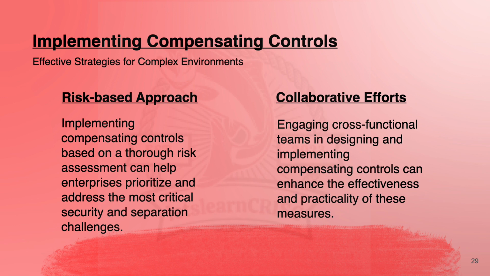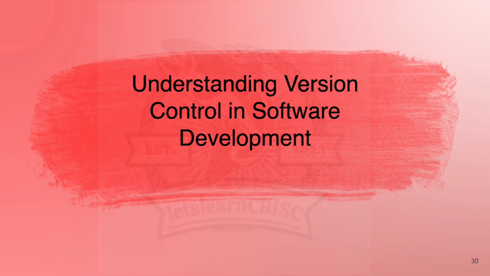Friends, after this we'll discuss understanding version control in software development. Friends, as the word says, that is version control. Version control is a critical aspect of software development, as it helps in managing changes to the system effectively. It refers to the process of tracking and managing changes to the software code.